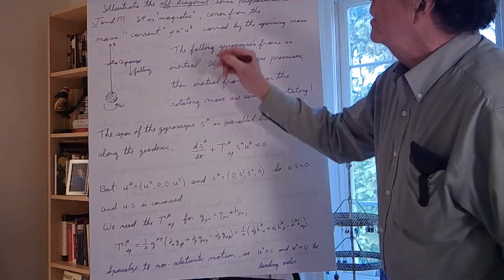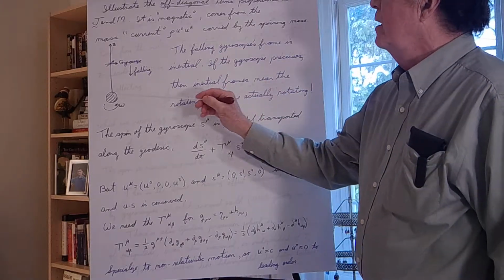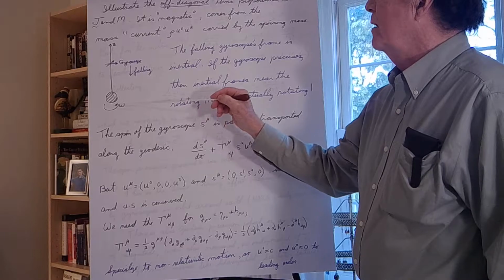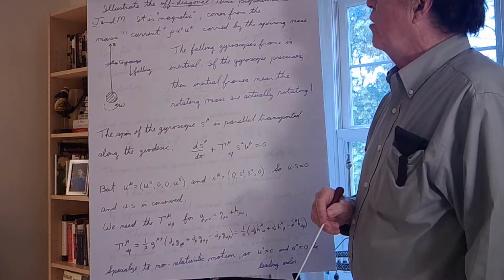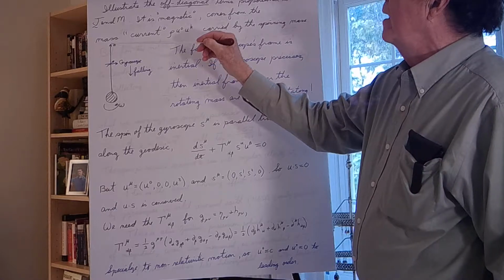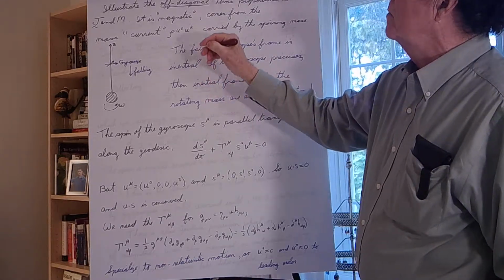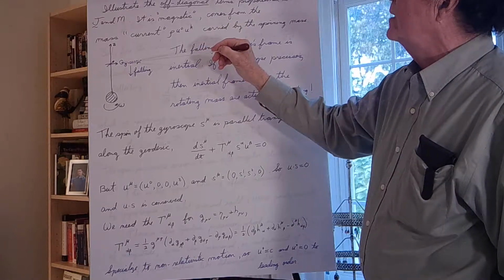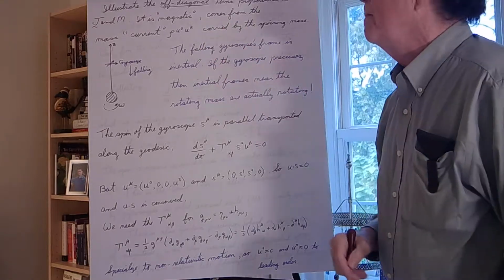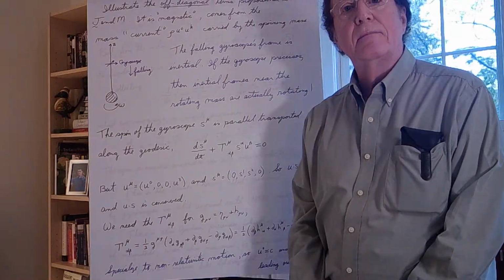So we'll imagine being out in outer space with a star somewhere rotating with an angular velocity omega, and I'm going to take a gyroscope, which is along the axis of rotation, pointing in the transverse direction, and let it drop. And then the issue is, does it spin?